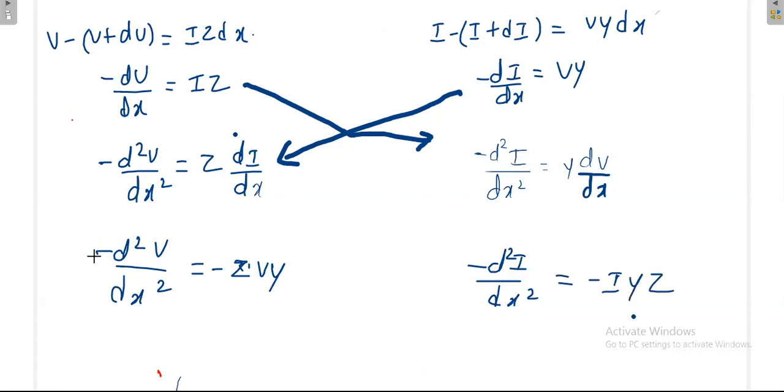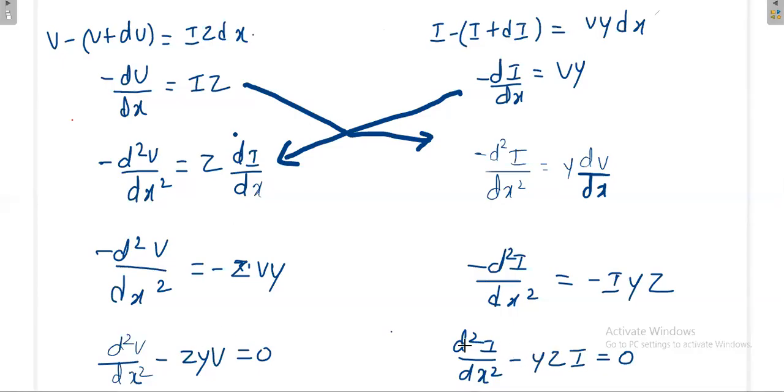Once you bring what is on the right hand side to the left, then instead of V you can put I directly there, because everything is similar.